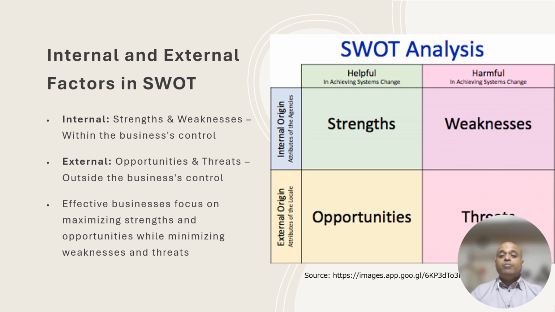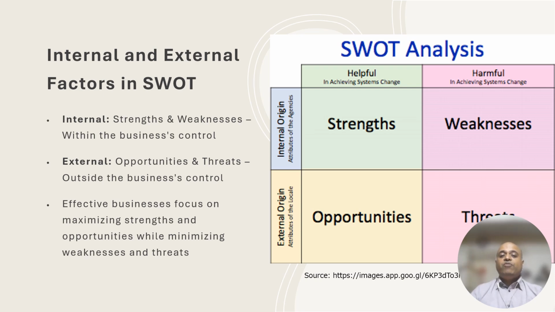Strengths are what the business does well, like a strong brand, loyal customers, or advanced technology. Weaknesses are areas where the business struggles, like poor customer service, outdated equipment, or high costs. External factors, opportunities and threats. These come from outside the business, meaning they are beyond its direct control.